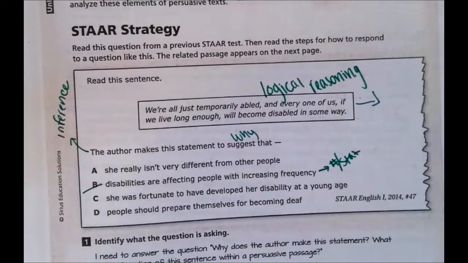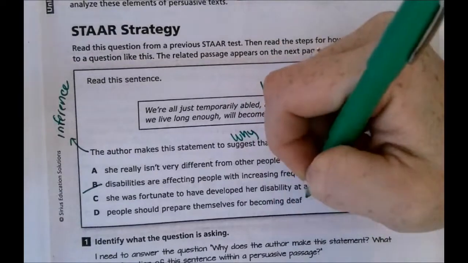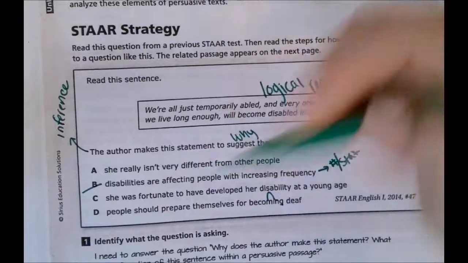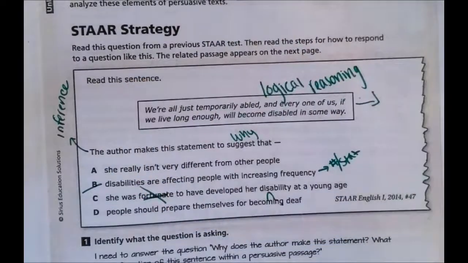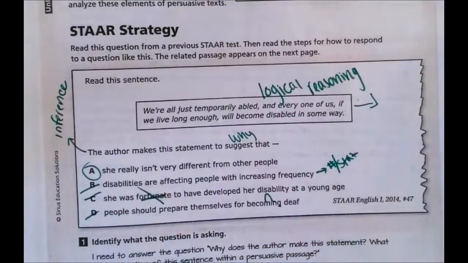Then, she was fortunate to have developed her disability at a young age, or people should prepare themselves for becoming deaf. Well, I don't know that she's saying everyone's going to become deaf, right? And I don't know that she's saying she is fortunate either. So I'm going to cross out C and D, and I think the best answer is A.